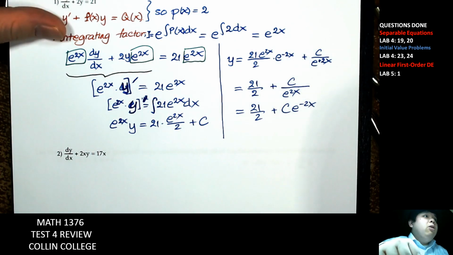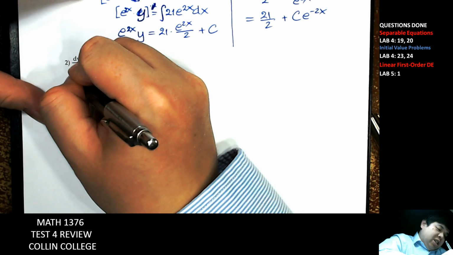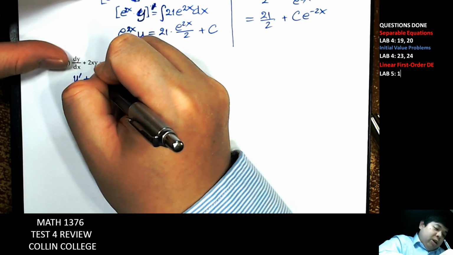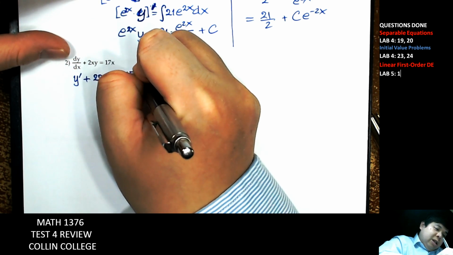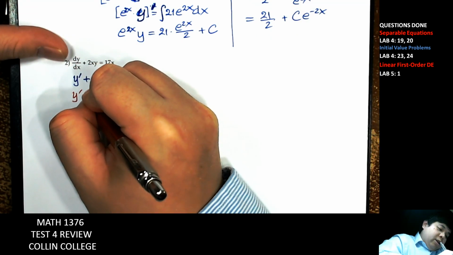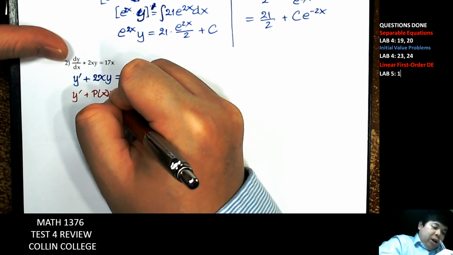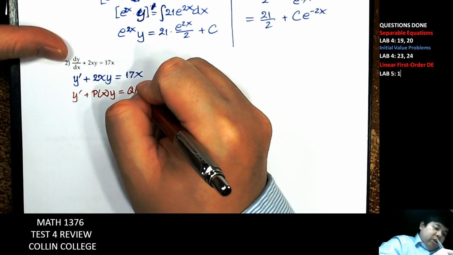Right. Next, on this equation, if we write y prime instead of dy/dx, and compare to the standard form, y prime plus p of x times y equals q of x, where p and q are any function of x.